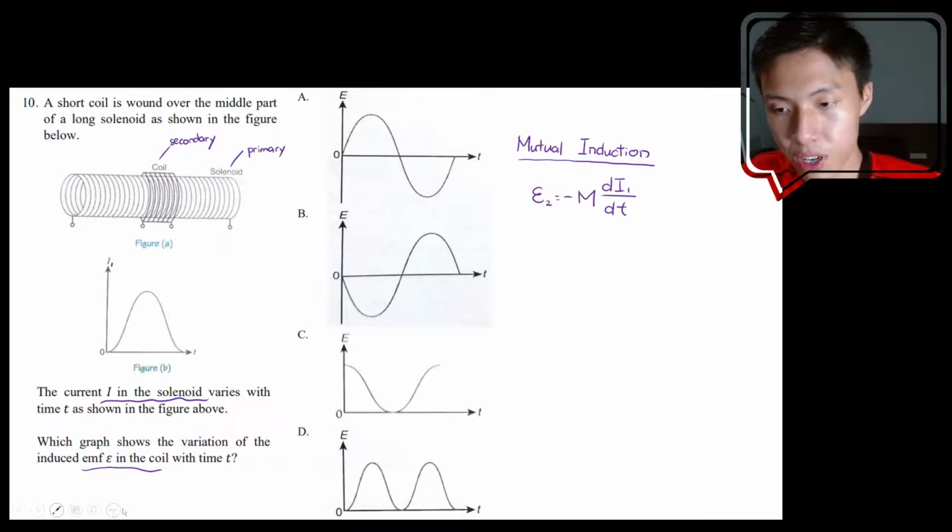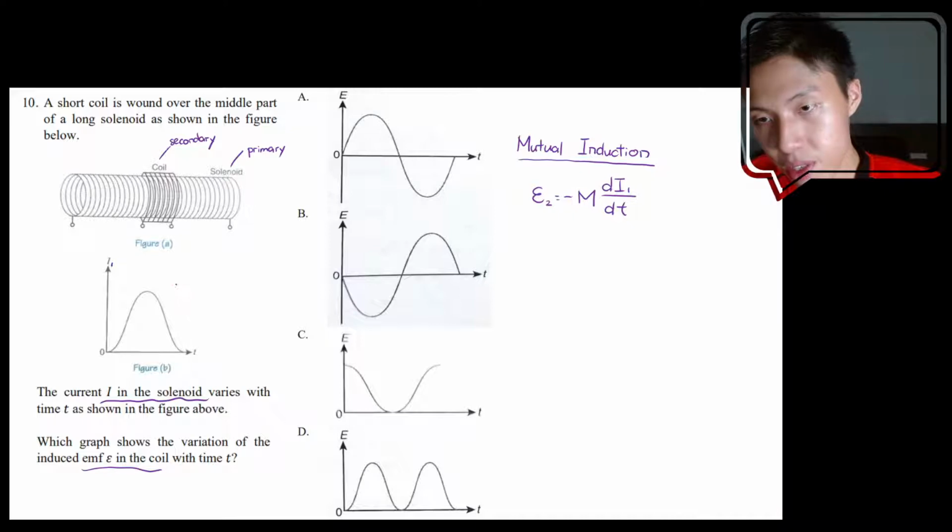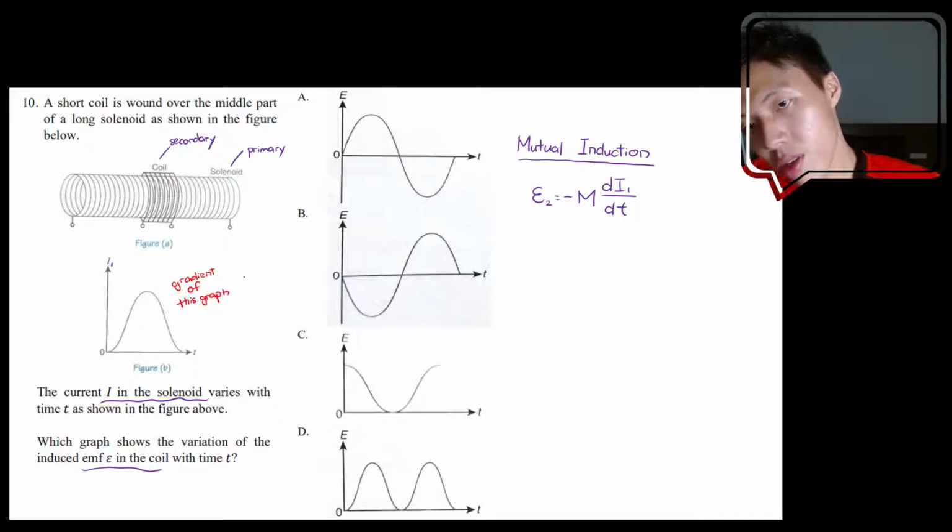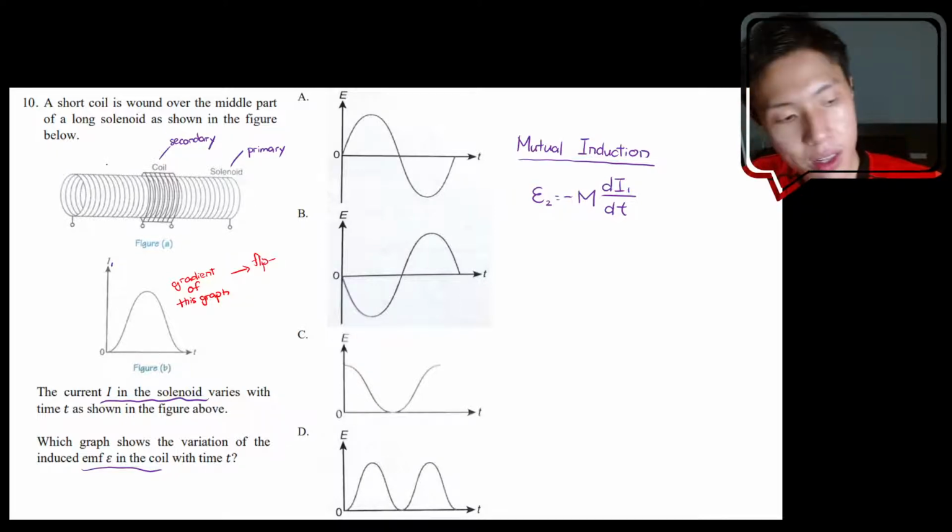So if you look over here, the gradient of this graph, flip the sign, then you get the epsilon t graph.